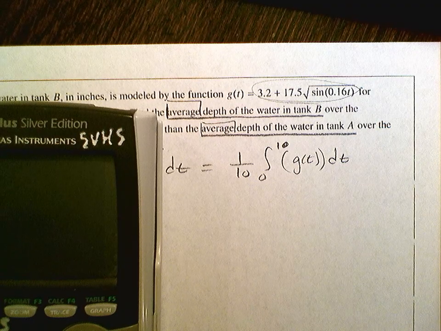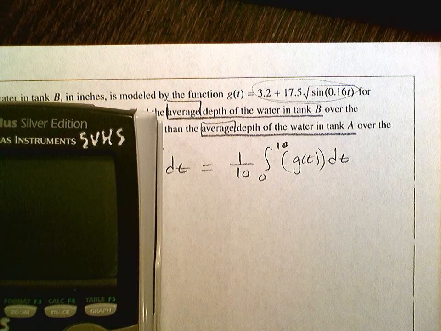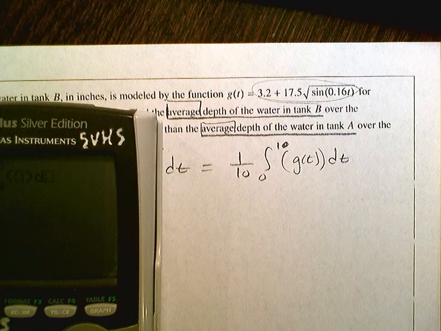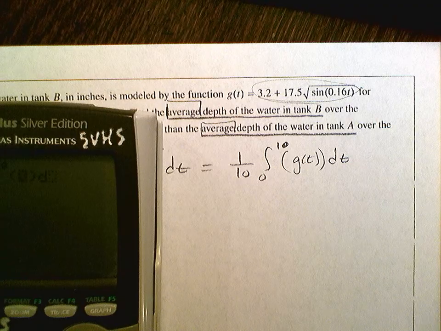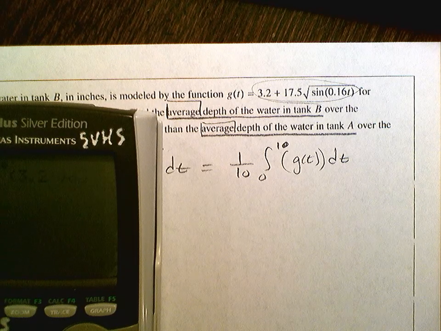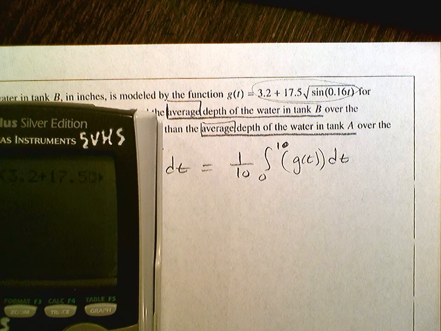Okay, so 1 divided by 10, and then Math 9, 0 to 10, and then 3.2 plus 17.5 times sine of 0.16 x, dx.